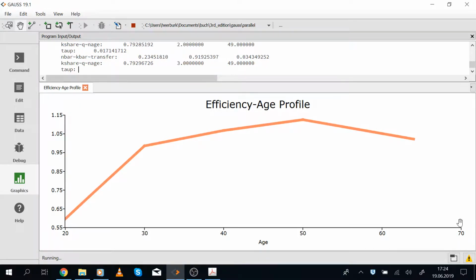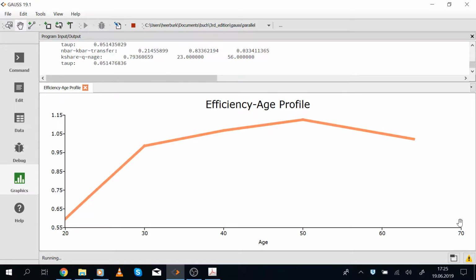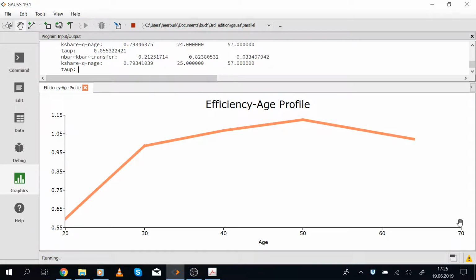And next, the model is computed for the case of exogenous labor supply. Labor supply is set equal to 0.25 in each cohort. And we compute the 46 period model first. So we have 45 cohorts of workers and 1 cohort of retirees.